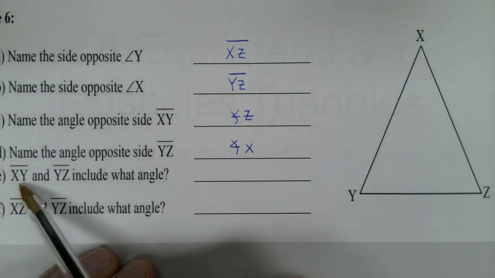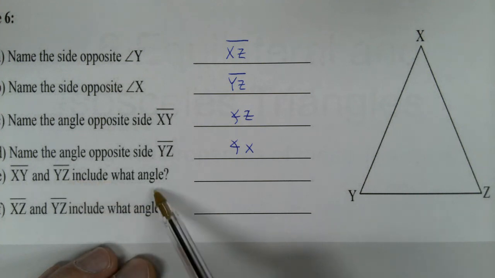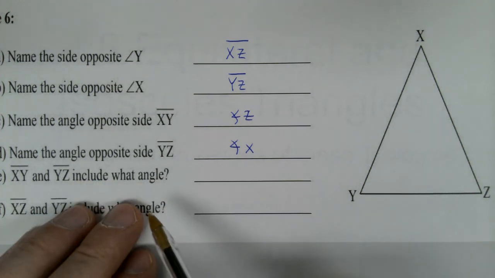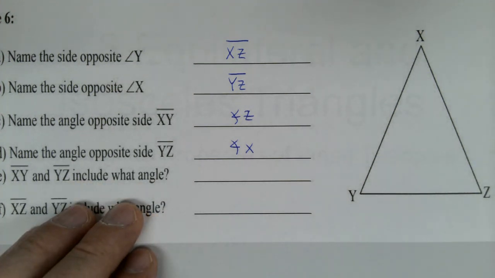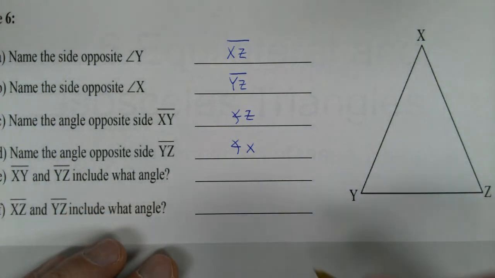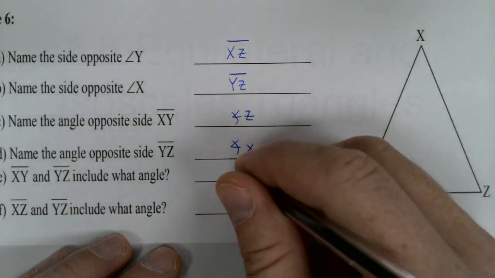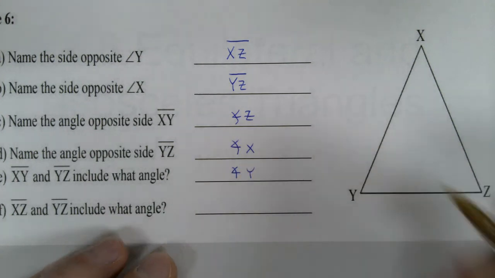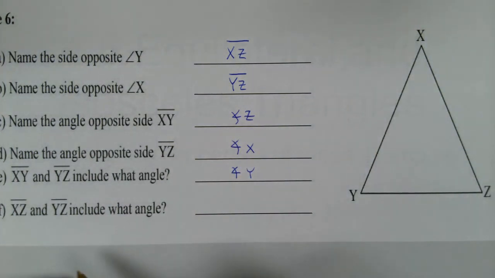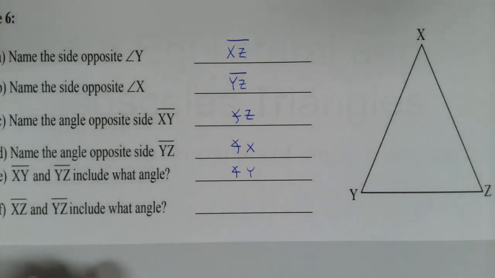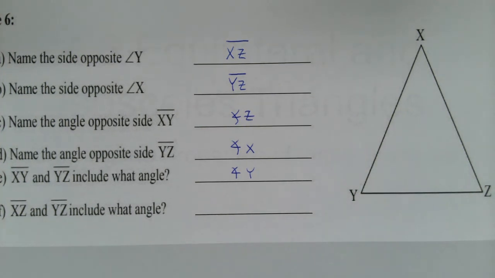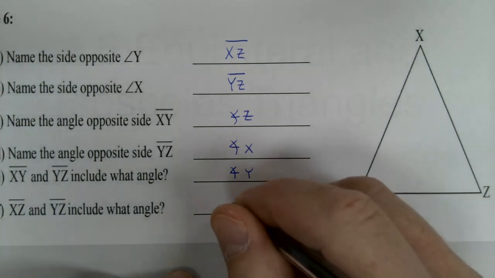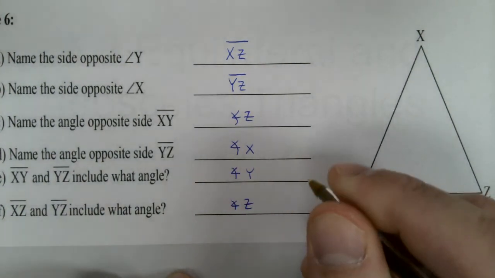Letter E says, XY and YZ include what angle? So we're talking about finding the included angle on this one. So the included angle here would be angle Y. And then the last one, XZ and YZ include what angle? So the included angle of XZ and YZ, the included angle would be angle Z.